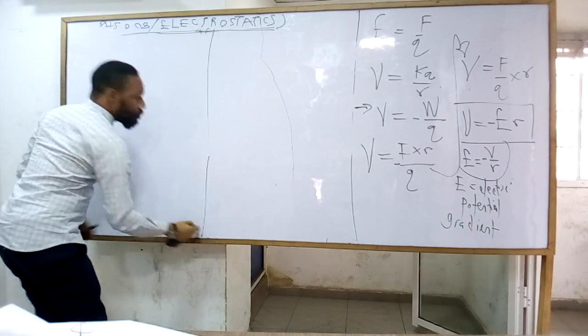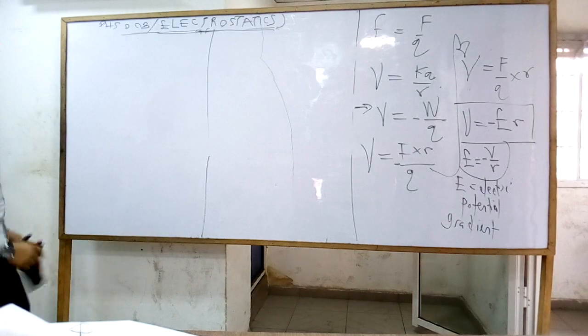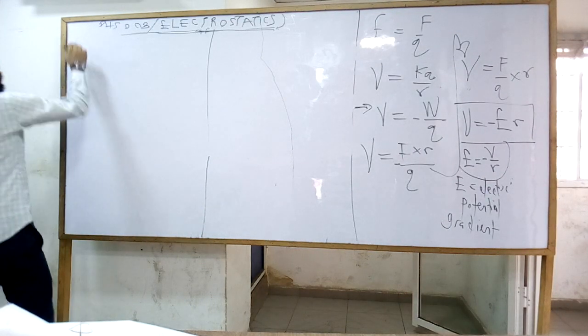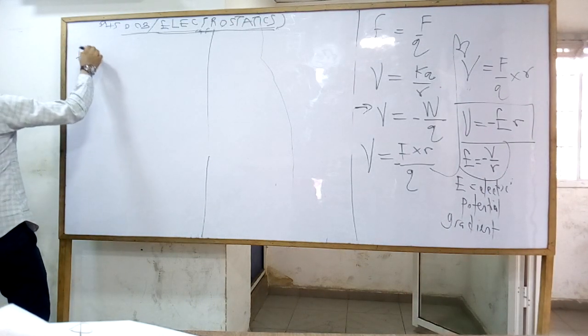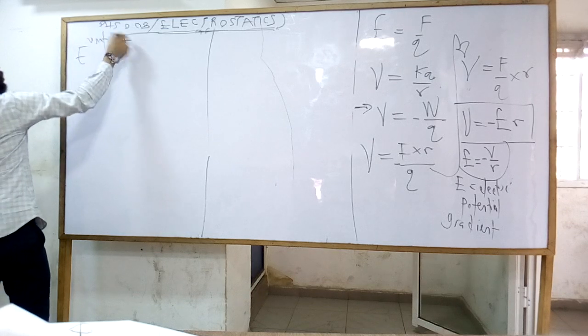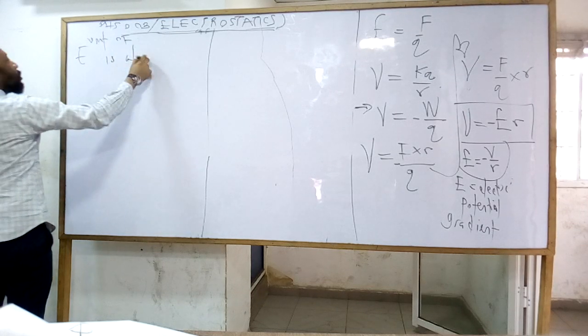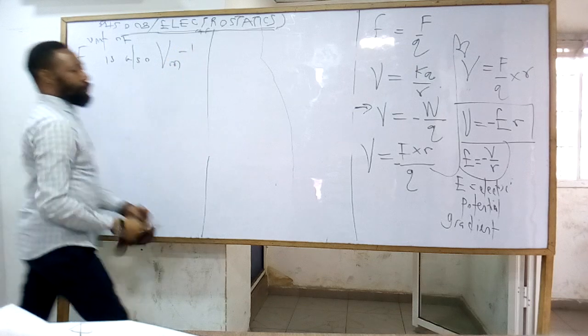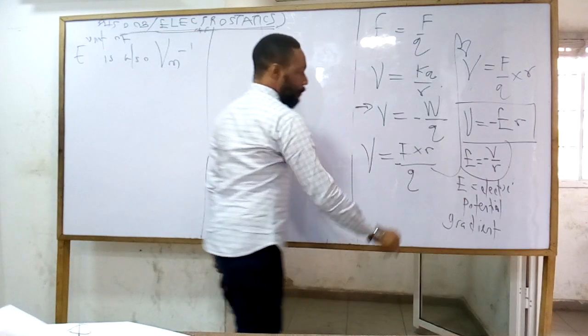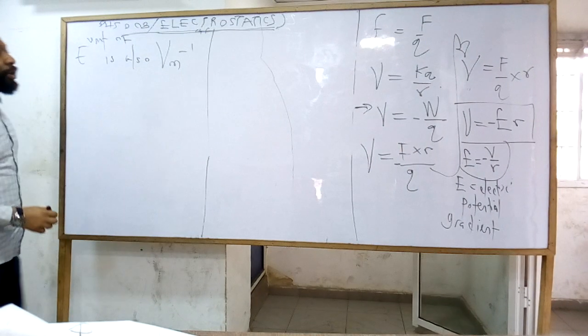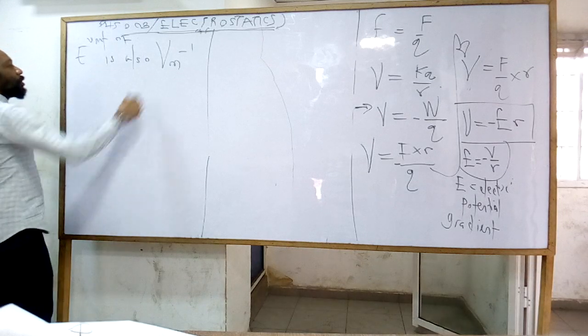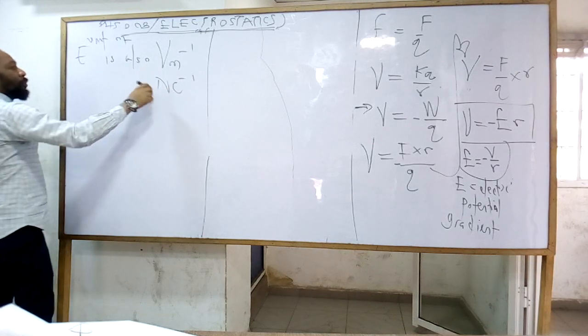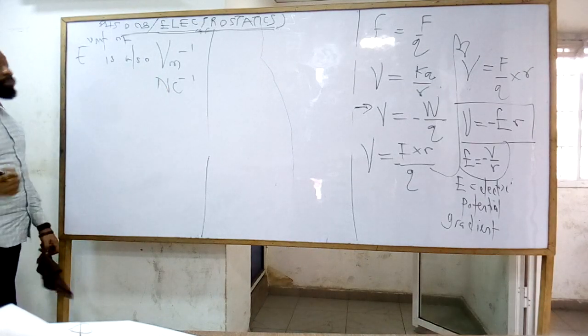Now, if we go further, it is obvious that the unit of E is also volts per meter, because this is your V in volts and that's your R in meter. So you can see, newtons per coulomb and volts per meter are the same.